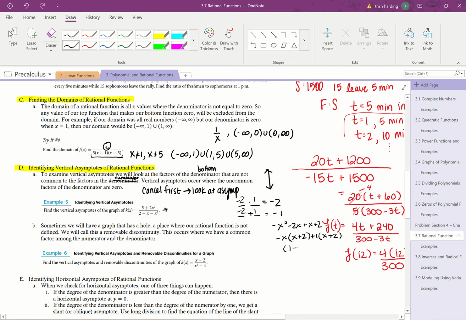So I'm going to get 1 minus x and x plus 2. And that will give me my factors. Now notice that I can pull out a negative to switch this around.